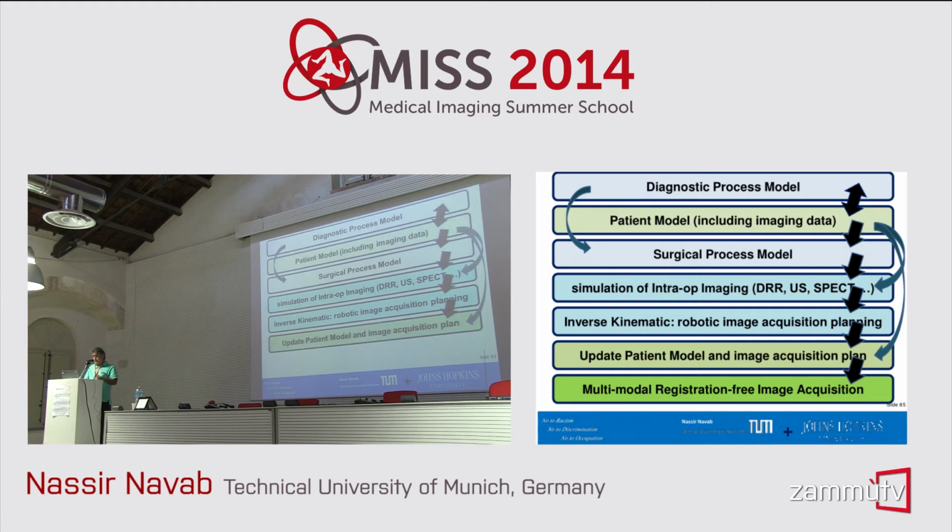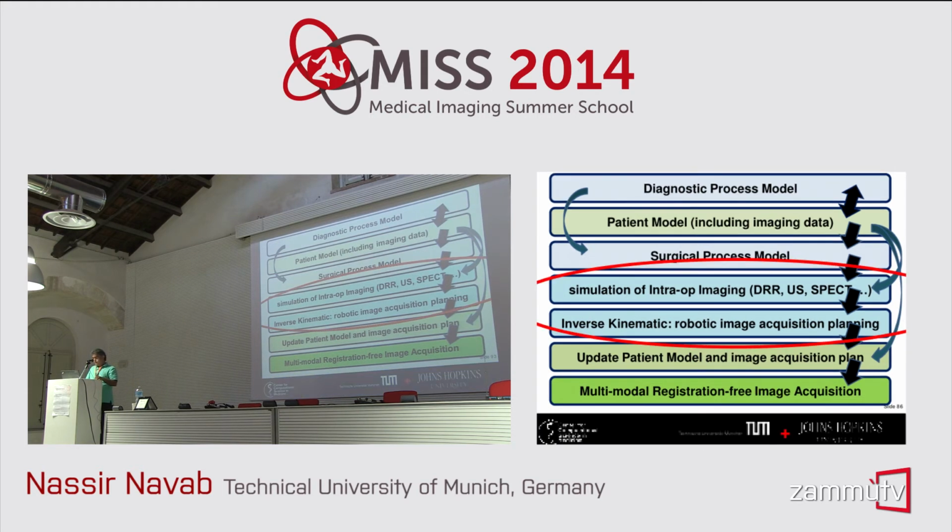And then we update the patient model: when the patient goes onto the bed, we do a cone beam CT reconstruction, or we do a 3D, 4D Doppler, or many kinds of different imaging. We register it to preoperative. We update our preoperative planning for imaging, and then we start to do intraoperative, high-level, multimodal imaging.